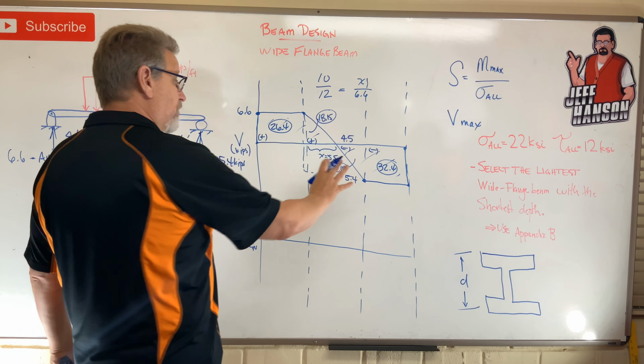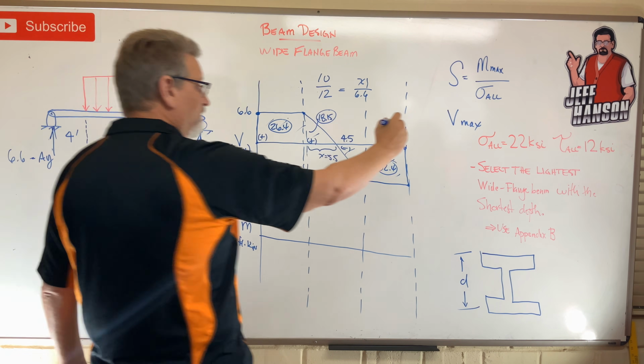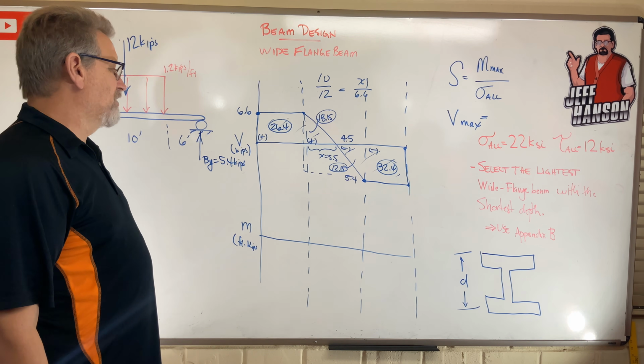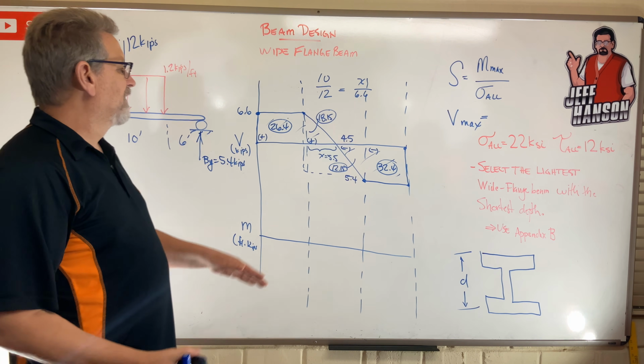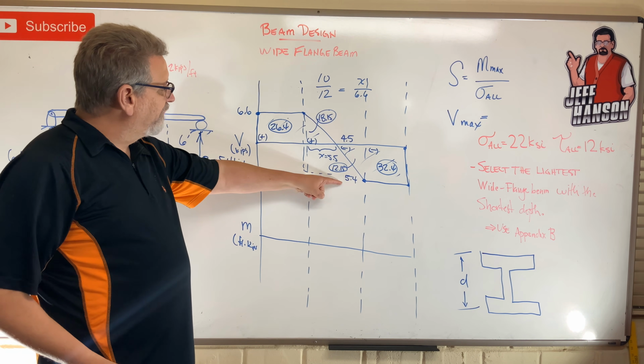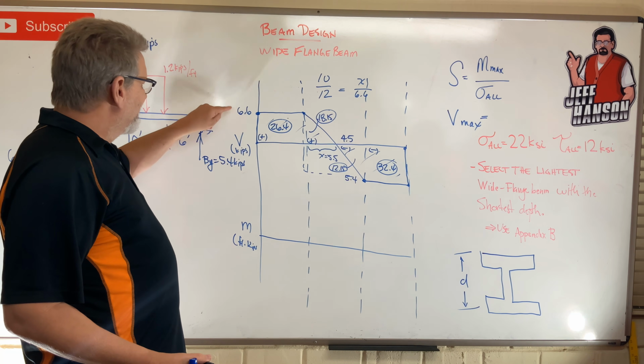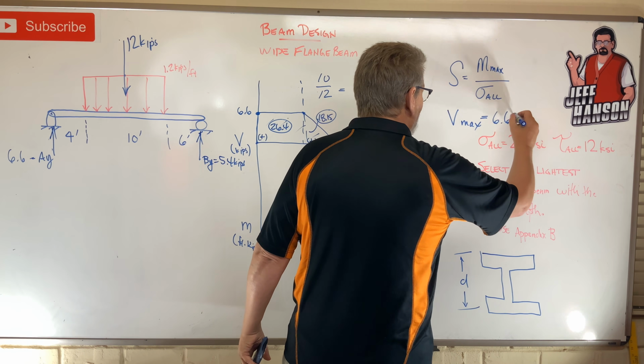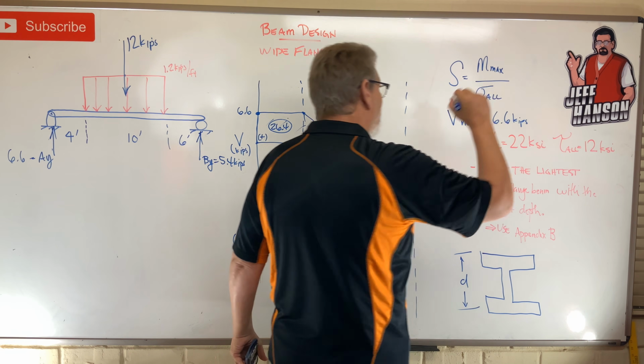Now, if we just look at this real quick, question number 1, what is V max? What's the biggest shear force on that beam? Well, is it 5.4? It's 6.6. So 6.6 kips. That's one of the things we need.